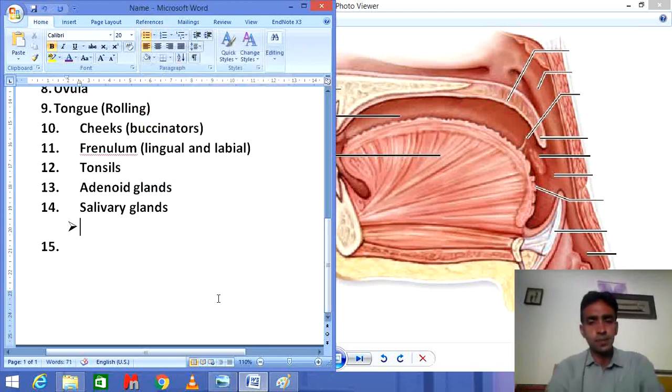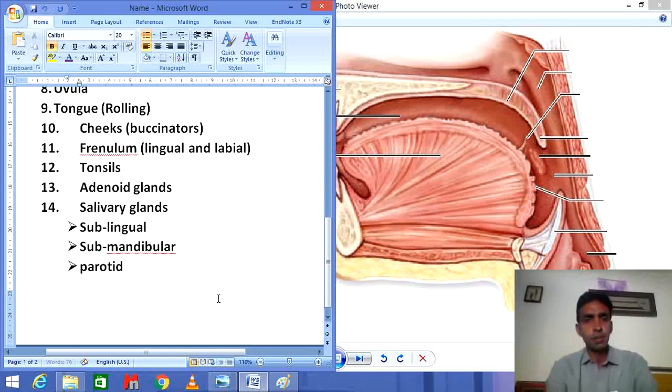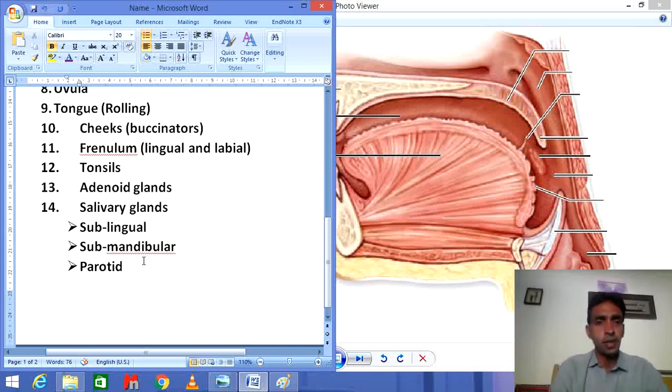One is the sublingual, the other is the submandibular, and the third one is the parotid salivary gland. Sublingual salivary gland, submandibular salivary gland, and parotid salivary gland.